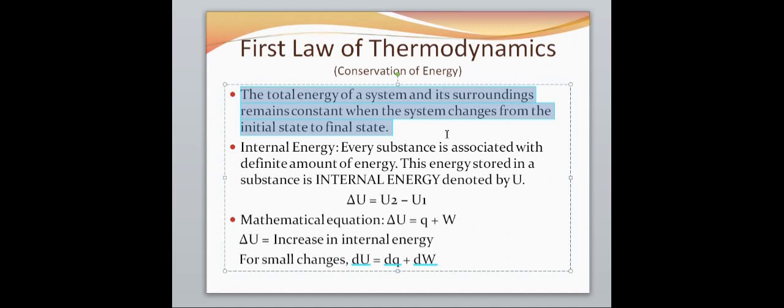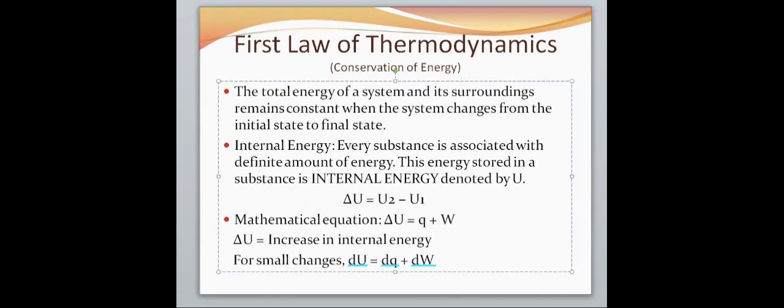Why? Because ice melts, isn't it? So my system, which is my ice bar, was in the initial state solid, and in the final state it has become liquid. But the total energy of the system and the surroundings remains constant. How does it remain constant? We'll look at that in some time.